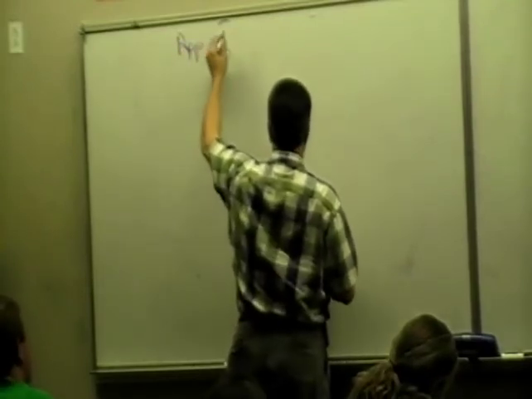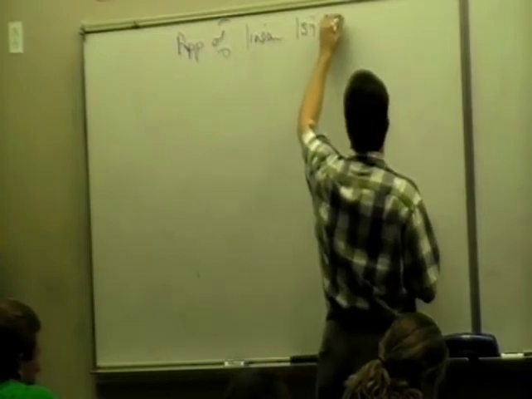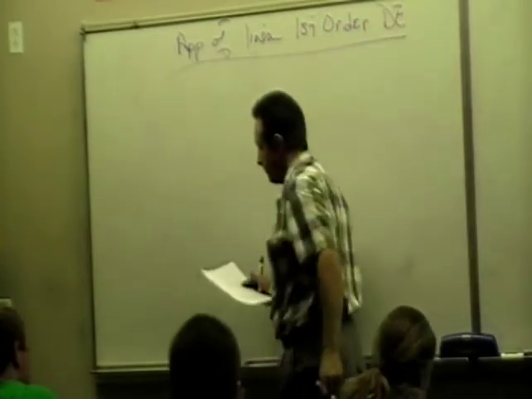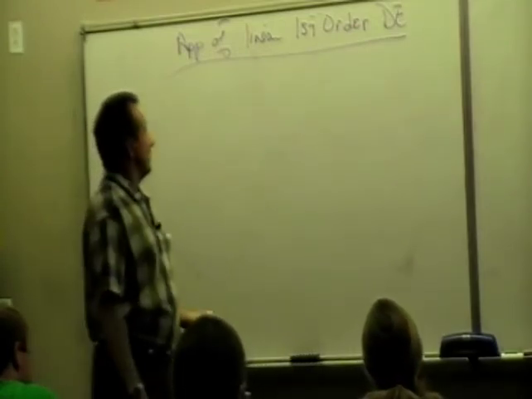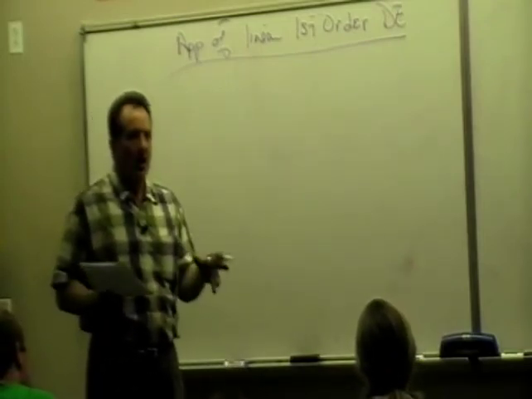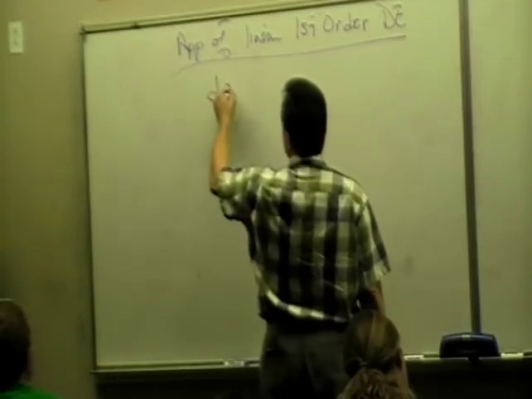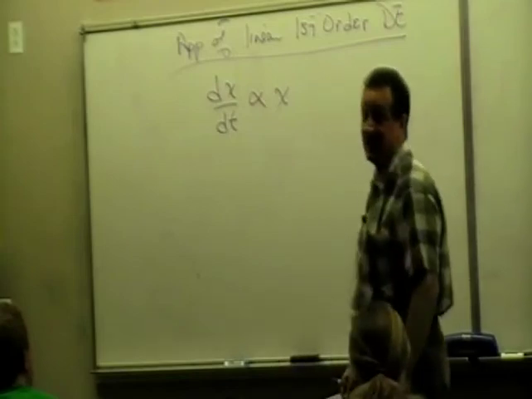Applications of linear first-order differential equations. And many things in life, folks, you're going to find that when we're trying to model natural phenomena, there's many cases where the rate of change of the quantity is proportional to the quantity itself.